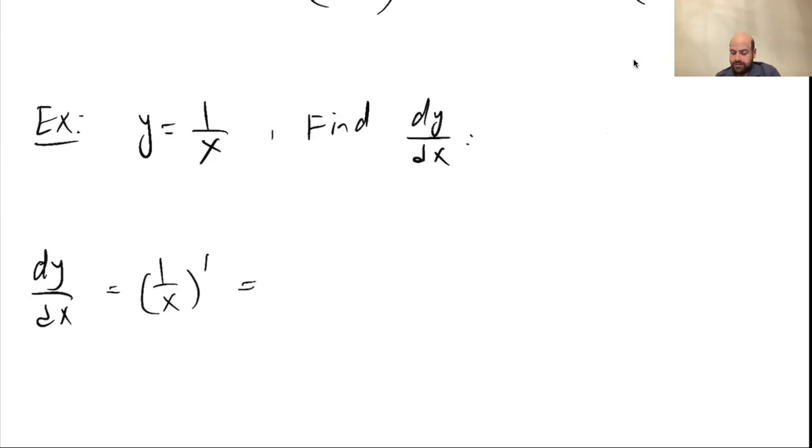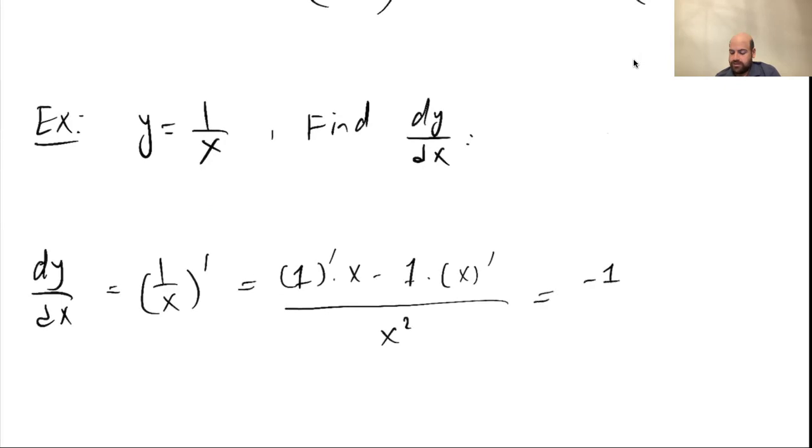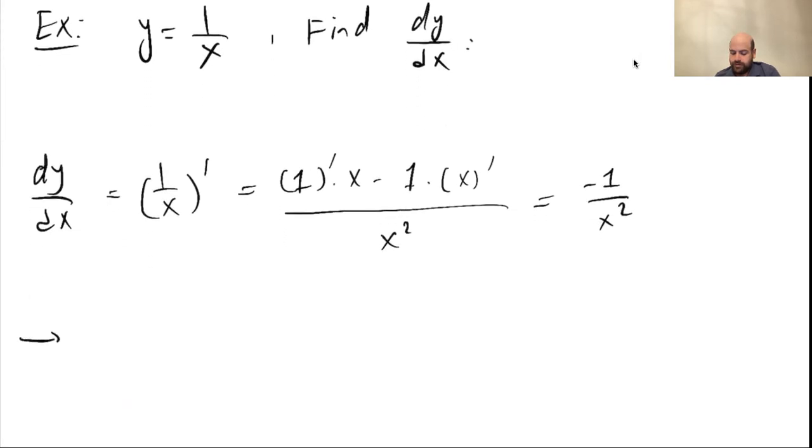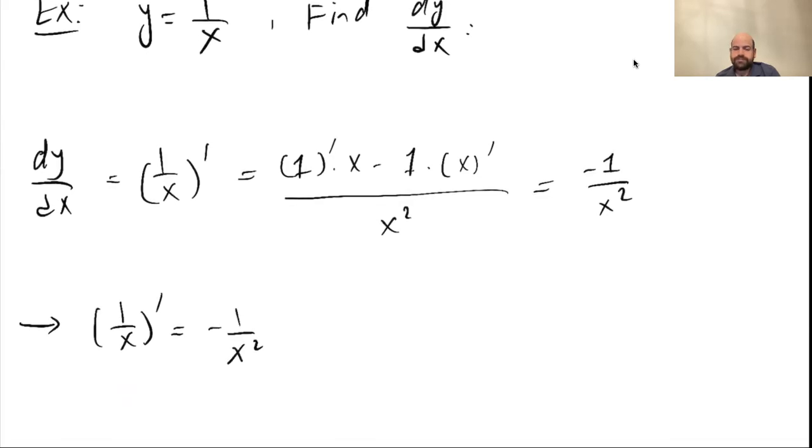So that's going to be 1 derivative times x minus 1 times the derivative of x, over x squared. The derivative of 1 again is 0 and the derivative of x is 1. So minus 1 over x squared. So we concluded that the derivative of 1 over x is minus 1 over x squared.